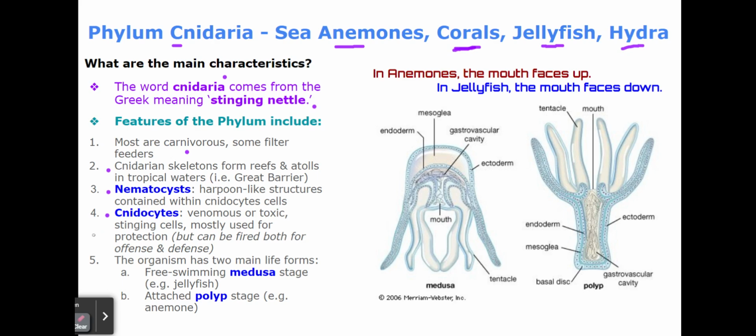These are specialized venomous or toxic stinging cells. That would be those stinging cells jellyfish have. They use them to protect themselves when they feel threatened. They are mostly used for protection, for defense, but can be fired for offense as well.